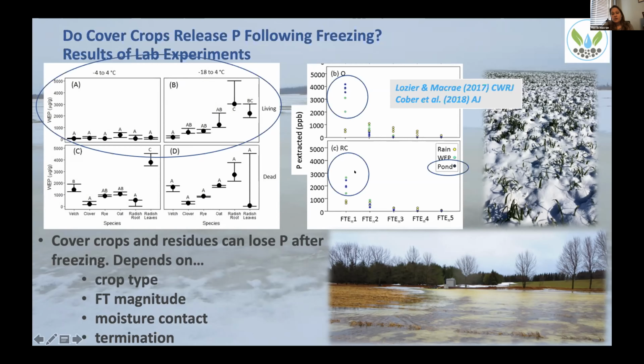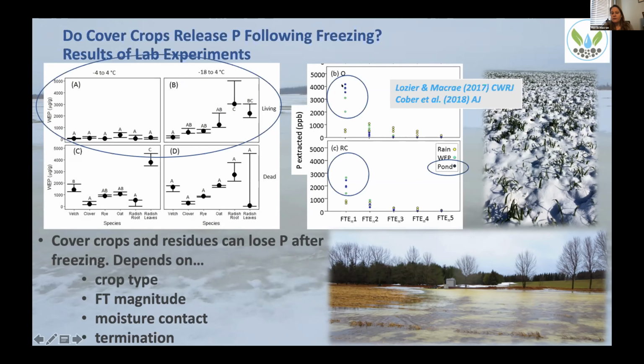Another feature that we looked at, which is related to some of the work that Lindsey was talking about, is degree of moisture contact. What we found, experimentally in the field setting, is that cover crops that were rained on, like upland areas that are not prone to flooding, release a lot less than cover crops subject to prolonged flooding, say 24 hours or more.